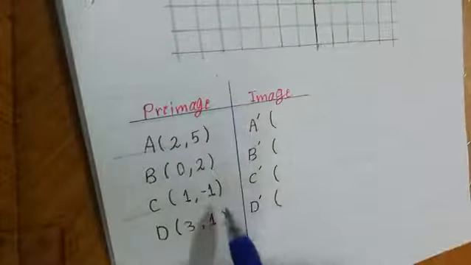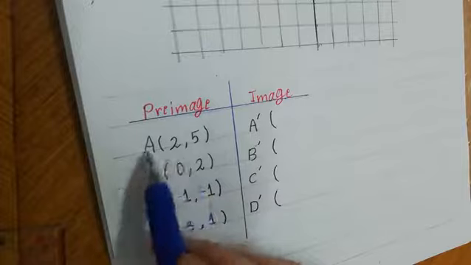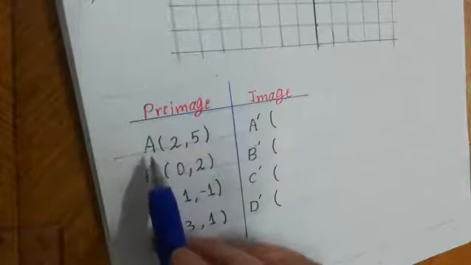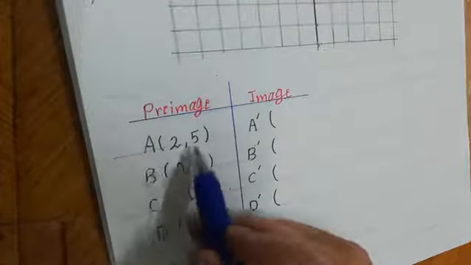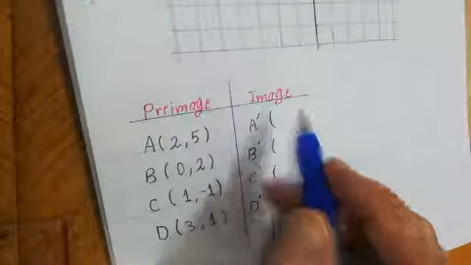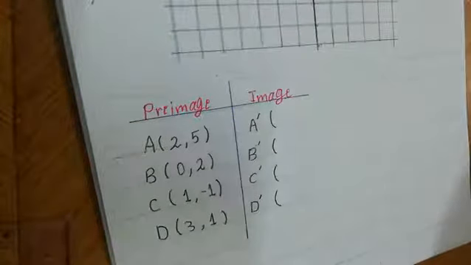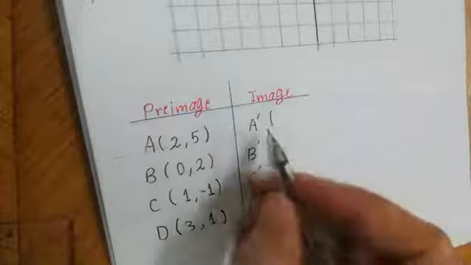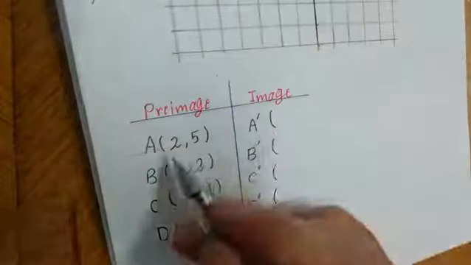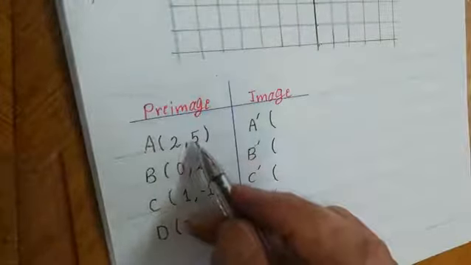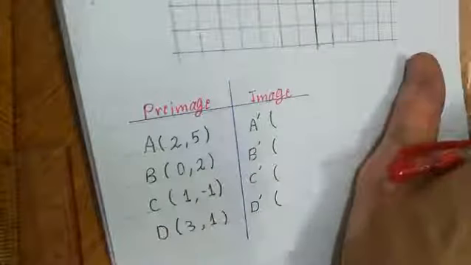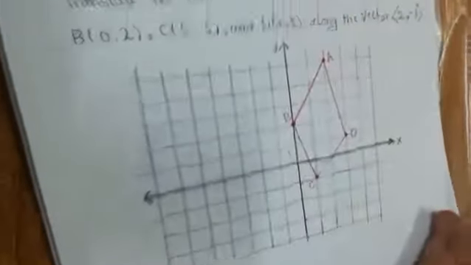Now you can make this table. This is the pre-image for all vertices of the quadrilateral, A and B and C and D, and you can get the image by changing the x coordinates and the y coordinates depending on the given vector.